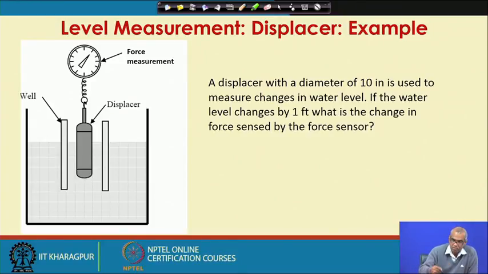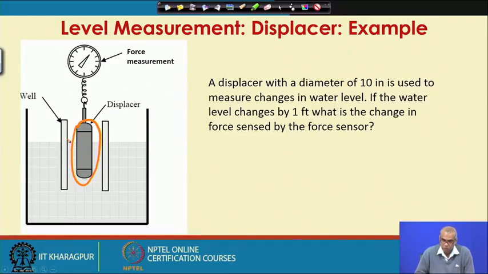So, let us consider this displacer. Its diameter is given as 10 inch. So, the diameter of this displacer is 10 inch. The water level changes by 1 feet.